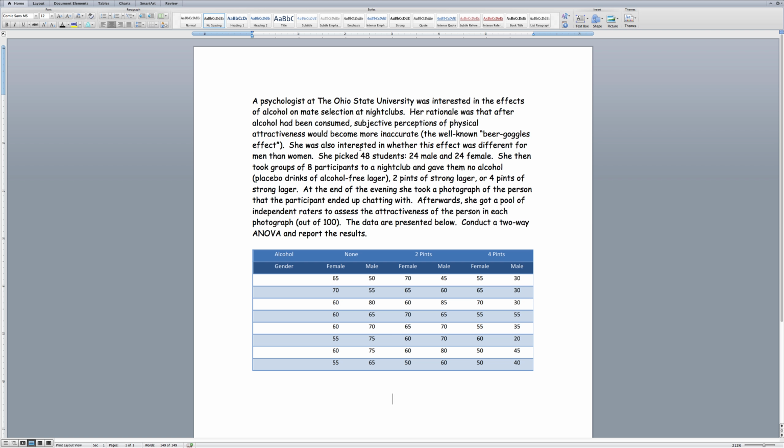And of course, by doing this for each gender, she ended up with her 48 participants. At the end of the evening, she took a photograph. This would have been a fun study, but well, whatever. She took a photograph of the person that the participant ended up chatting with. Afterwards, she got a pool of independent raters to assess the attractiveness of the person in each photograph.